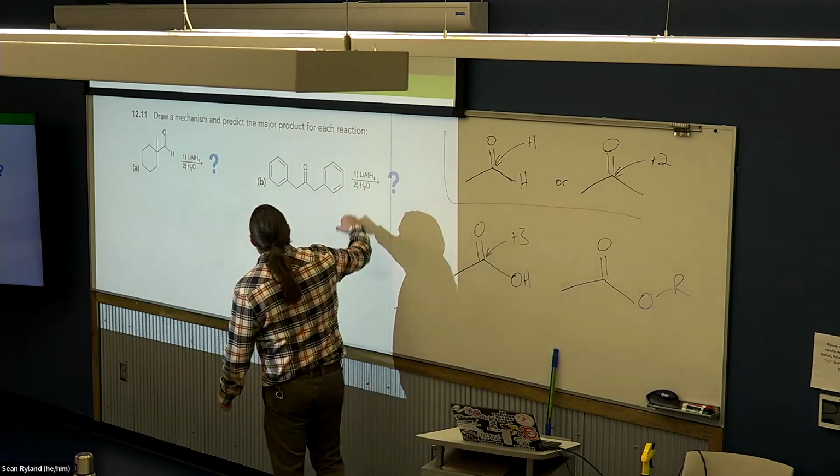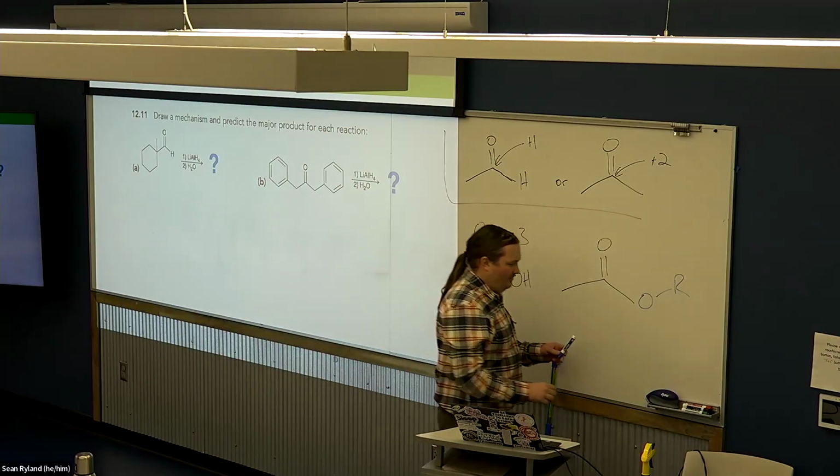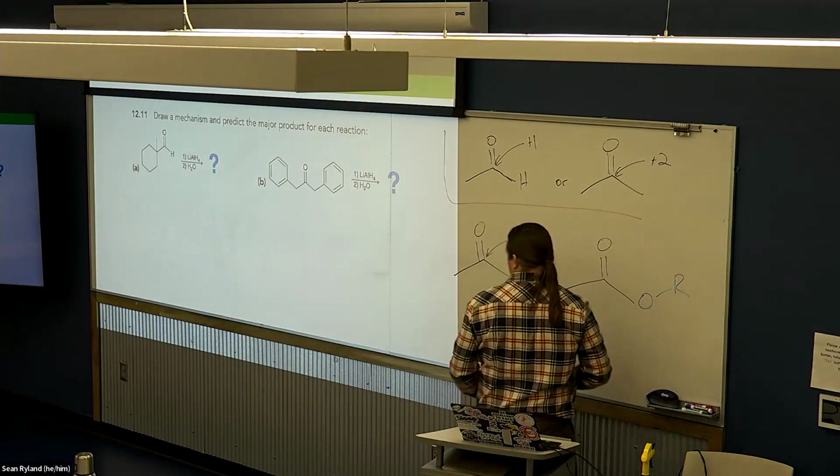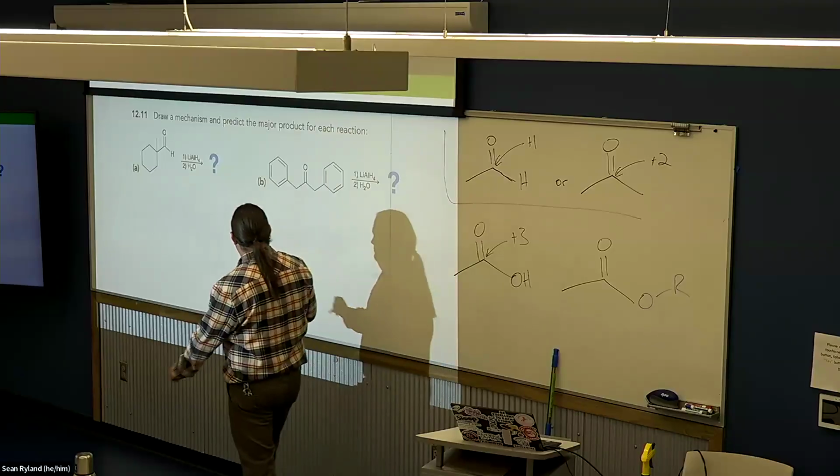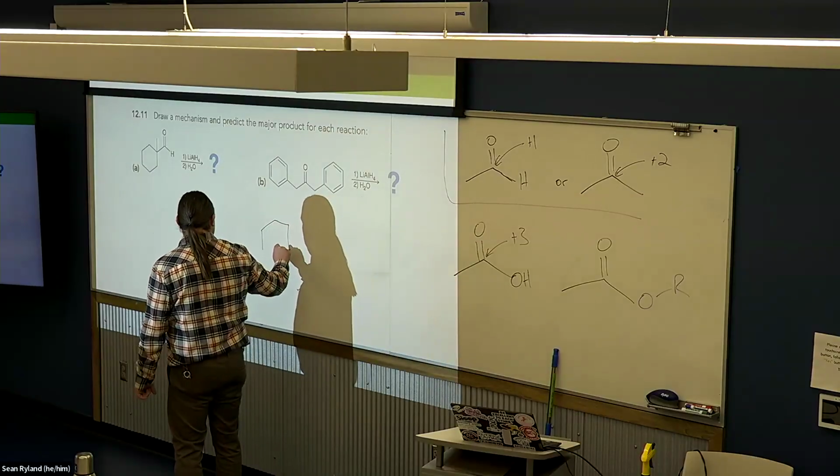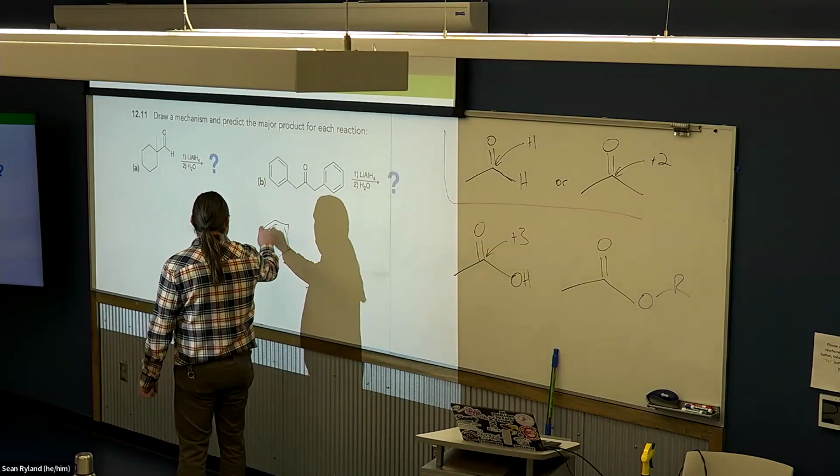So what's our product look like for B? Anything tricky about it? It's going to do the same thing.